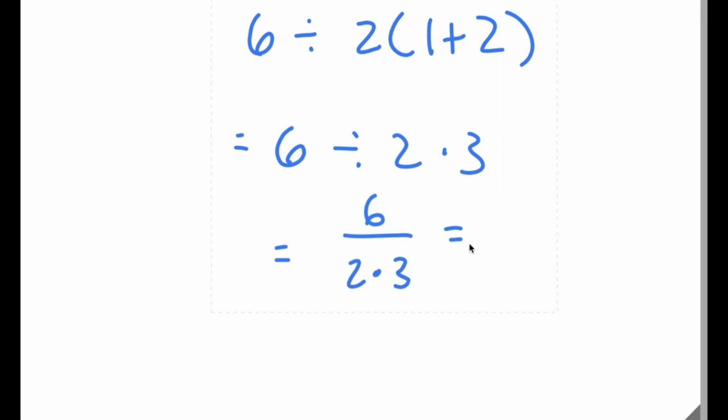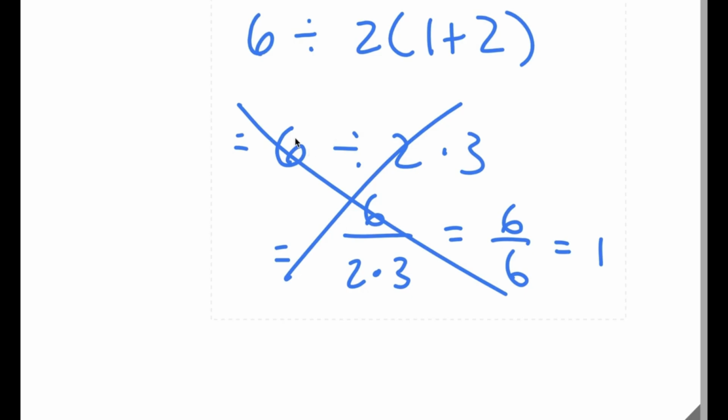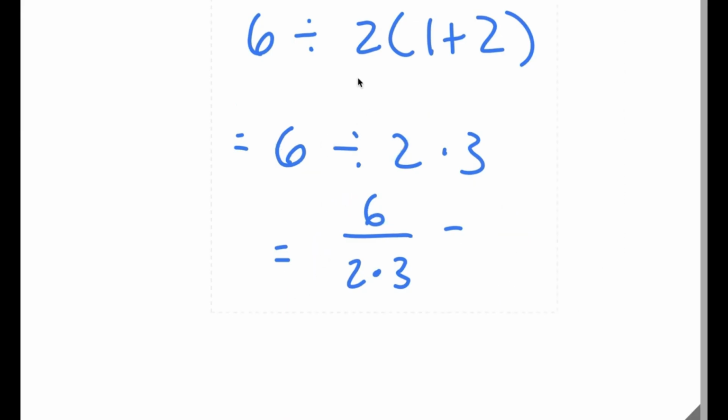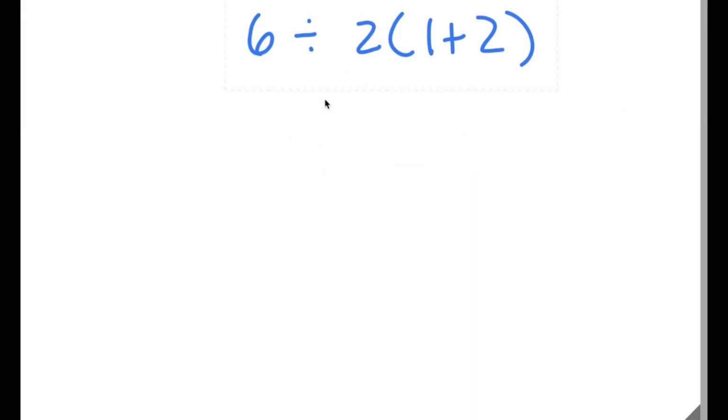And 2 times 3 is 6, so they get 6 over 6, which is equal to 1. And this is actually the wrong method because, as we know, between multiplication and division, we do whichever one comes first. So in this case, division comes first, so we would do that before the multiplication. So that's how you solve this problem.